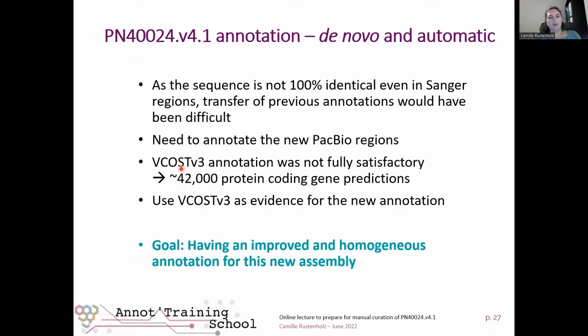But we didn't decide to trash the whole VCOST V3 annotation, but rather to use it as a piece of evidence to perform this new annotation for the V4. So really the goal here was to have an improved and homogeneous annotation for this whole new V4 assembly, Sanger regions, but also PacBio regions.